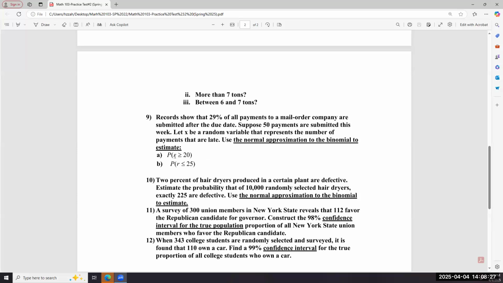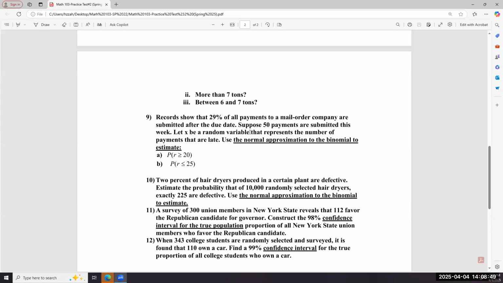It doesn't matter. Let's talk about X. So we pick, X number of the people or R number of the people are going to be late. We want to find what is the probability that more than 20 people will be late, and what is the probability that less than 25 people will be late.